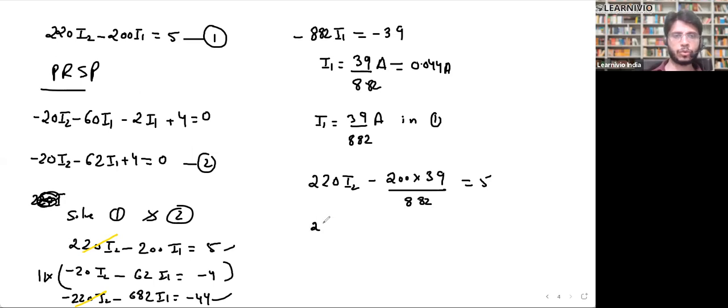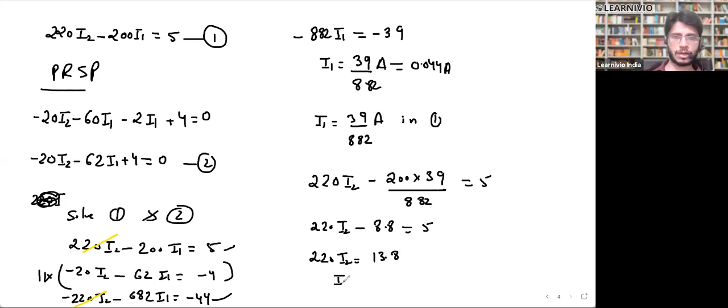Next, it will be 220 I2 minus, multiplied by 200, so minus 8.8 is equal to 5. We are left with 220 I2 equal to 8.8 plus 5, which is 13.8.